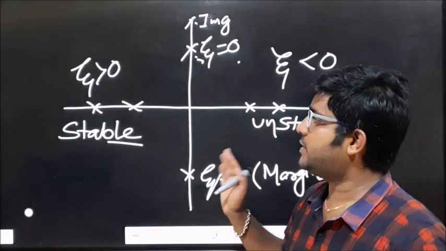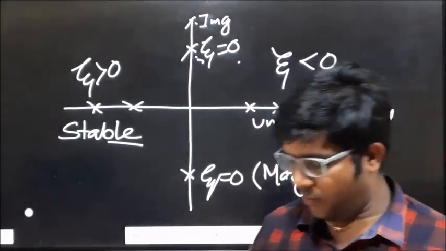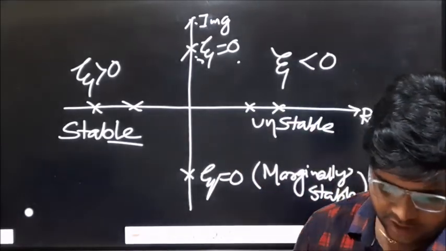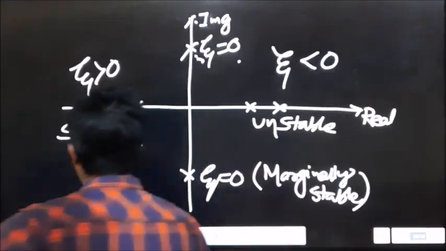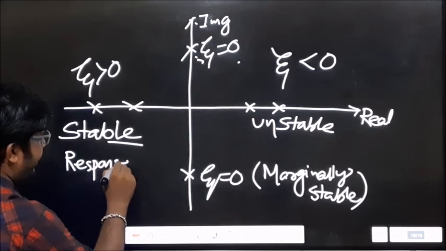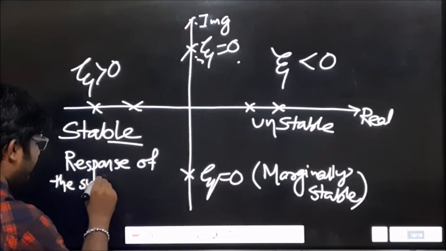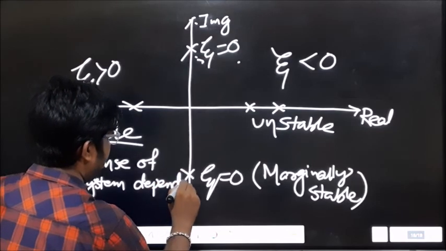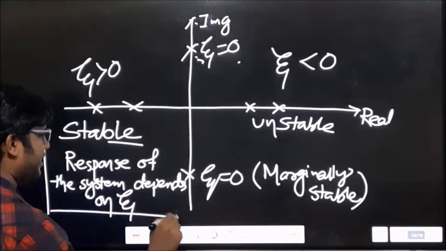So in this video we study different locations of zeta and how zeta actually affects the stability of the systems. Okay? So it is very clear that the response of the system depends on zeta, or the damping ratio.